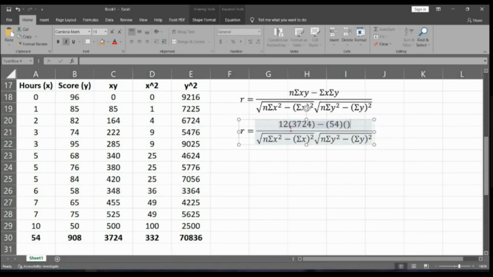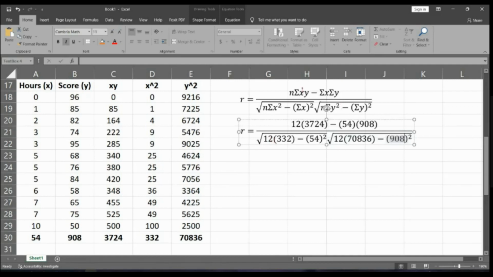Summation of y is 908. Ayan. And then we have the same n. Summation of x squared is 332. And then summation of x is 54. 12 times summation of y squared. This is a large value, no? 70,846 minus summation of y.